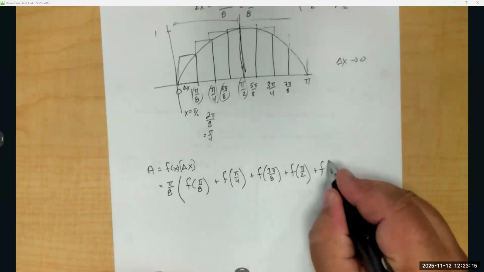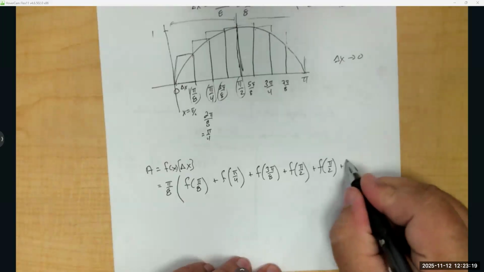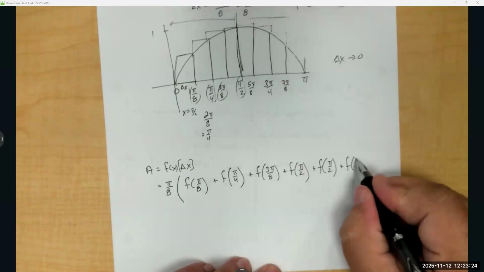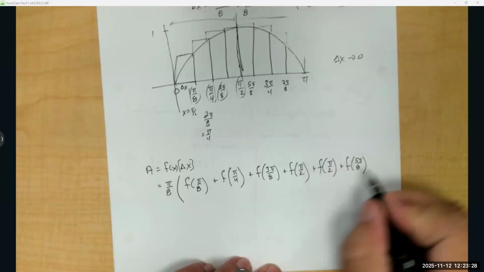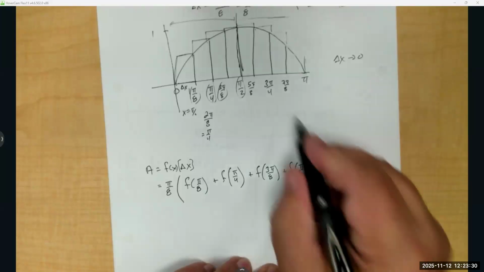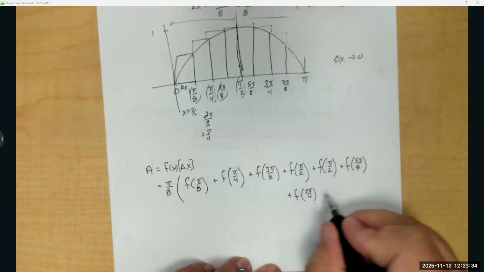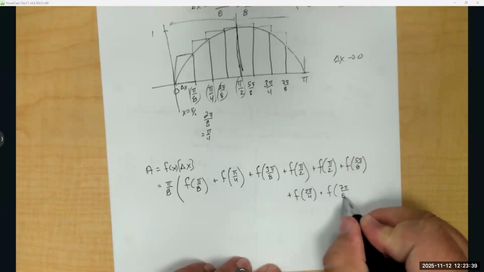So it's also f of pi over 2 again. F of 5 pi over 8 plus f of 3 pi over 4, and then f of 7 pi over 8.